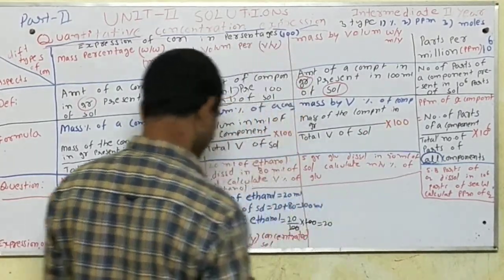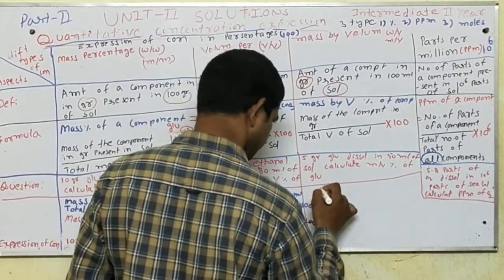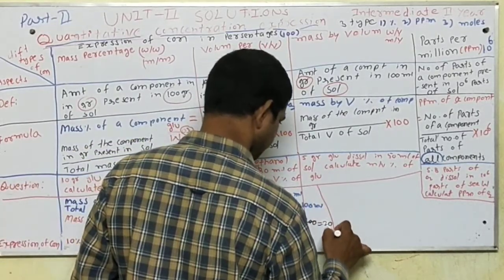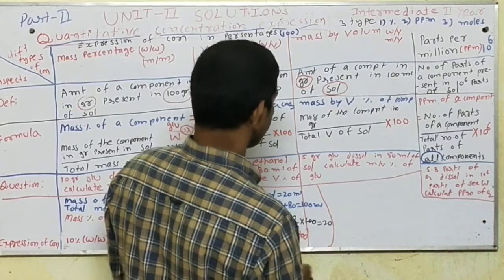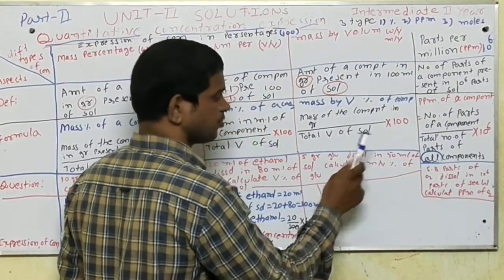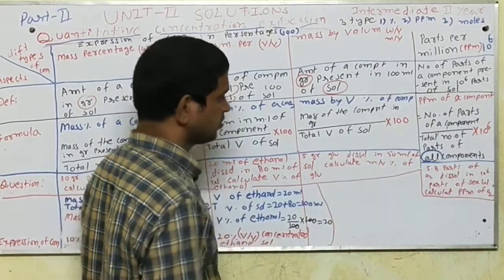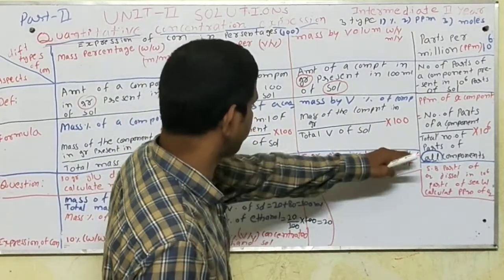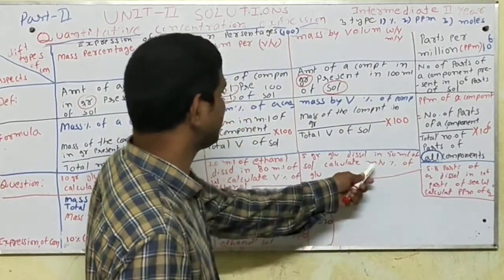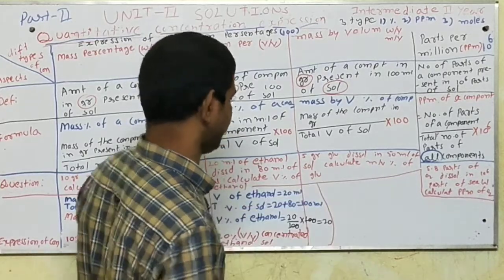Here a question is given, we have to solve this. Five grams of glucose is dissolved in 50 ml of solution. Calculate the m by v percentage.